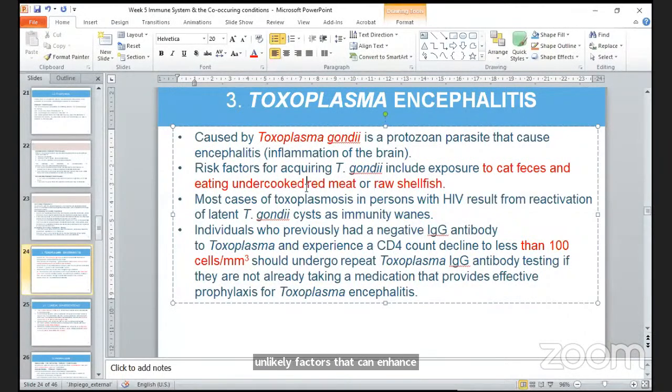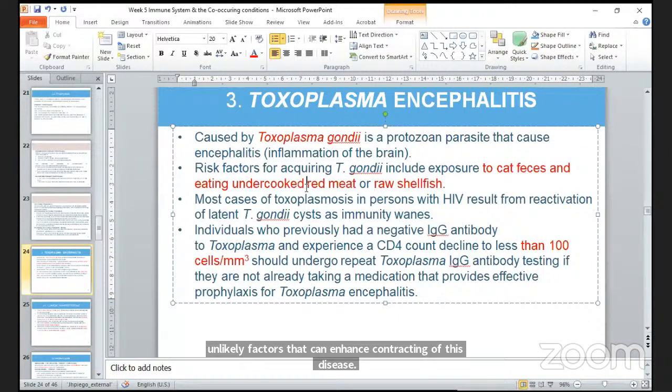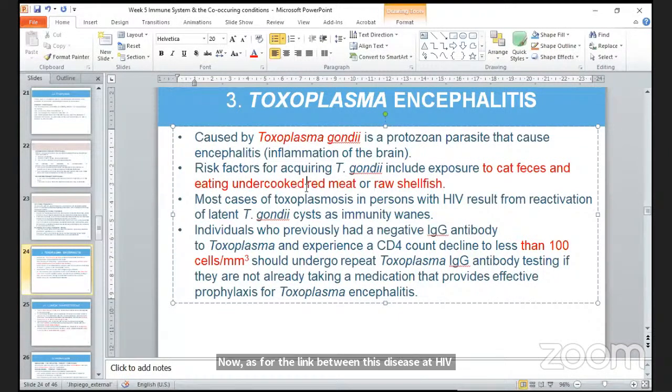Now, what's the link between this disease and HIV, AIDS? If the CD4 count goes below 100 cells per cubic millimeter of blood, that must be very low, right? Then that person is likely to get Toxoplasma encephalitis.